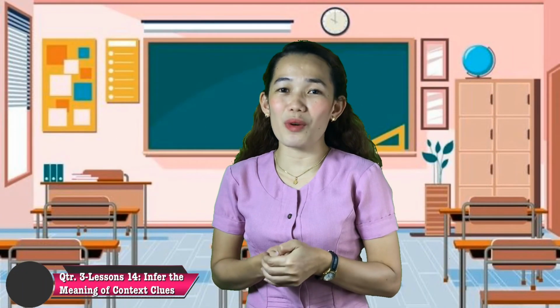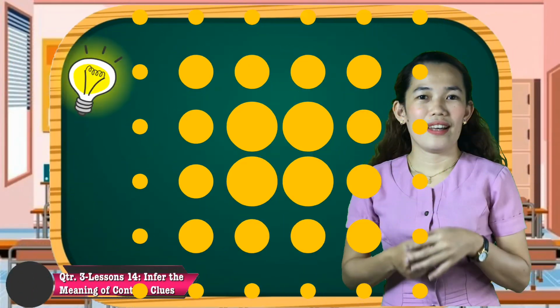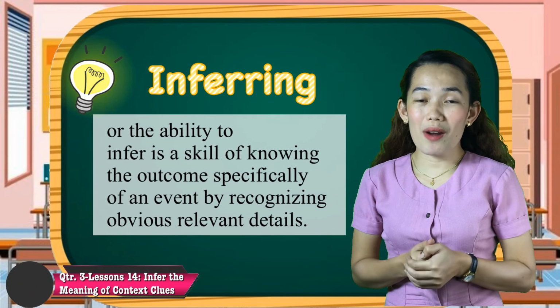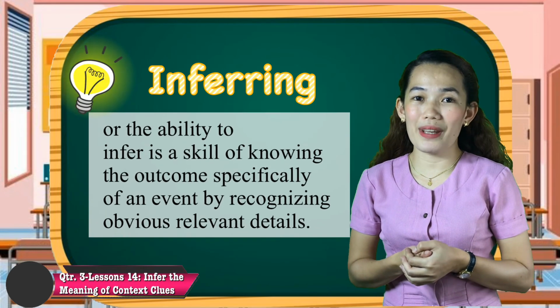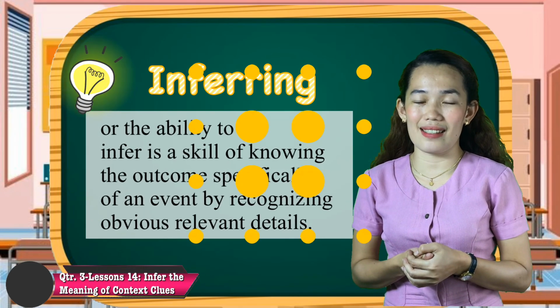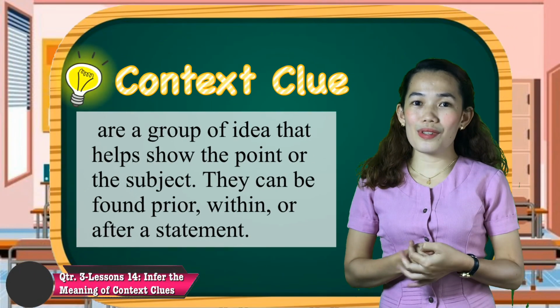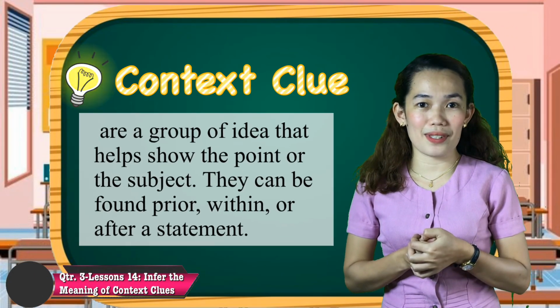Now let's check what you have learned. Right. Inferring is the skill of knowing the outcome by realizing the specific details given. Context clues are ideas that help point to the subject.